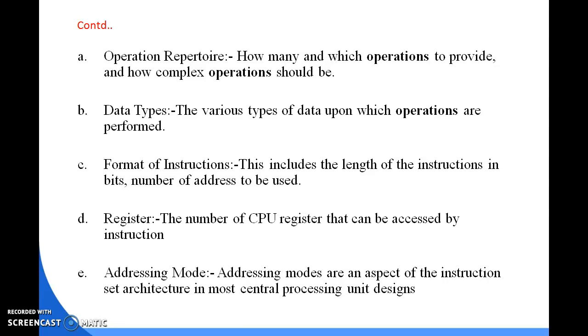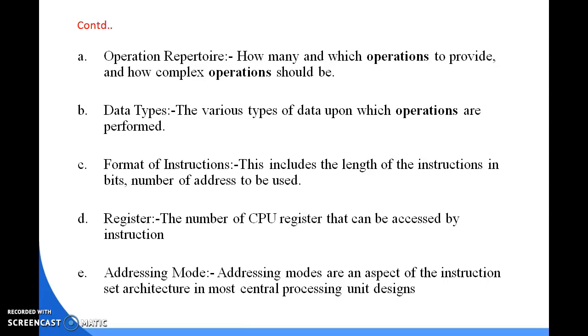Next is data types. Data type is a storage representation of the data. That means the various types of data upon which operations are performed. You have to find the data on which the operations are going to be performed, so that is one important factor. Next is the format of instruction.